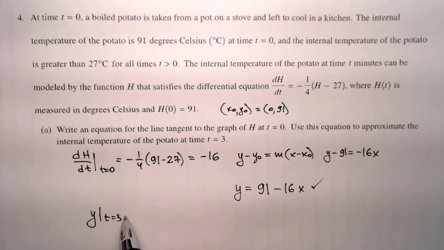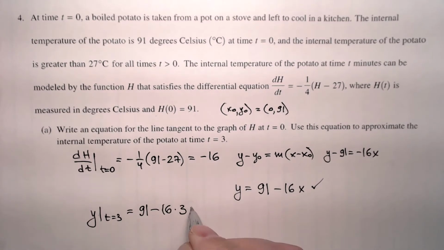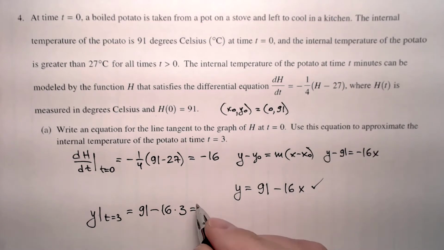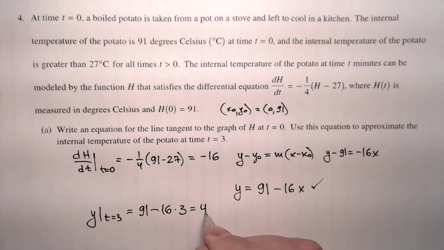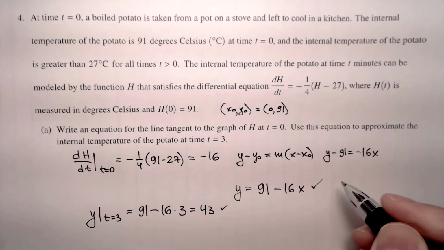So y at time equals 3 is 91 minus 16 times 3, which is 48. 91 minus 48 will be equal to 43 degrees Celsius. So this is our answer. These are our two answers.